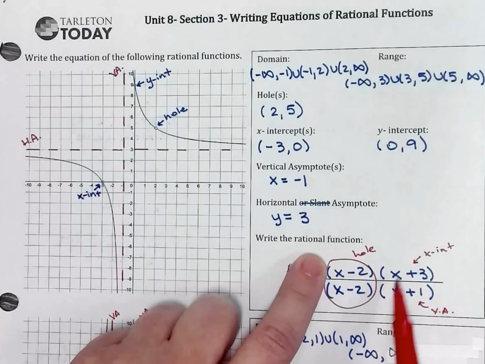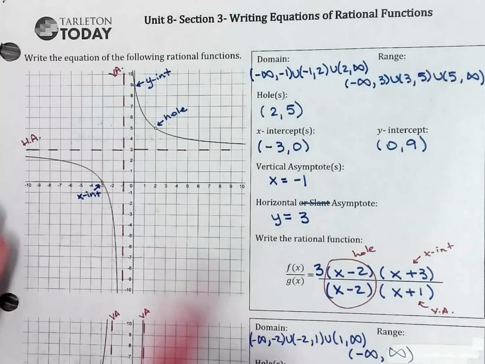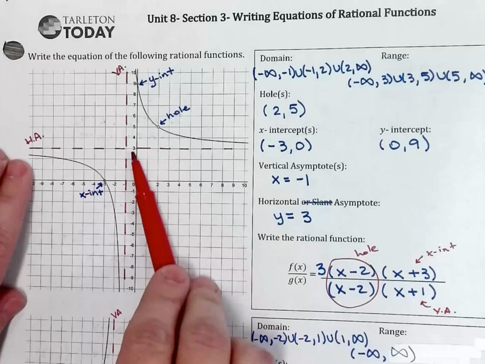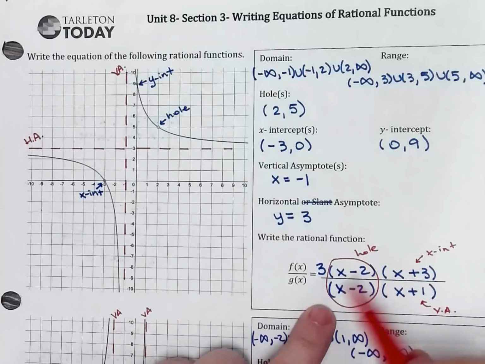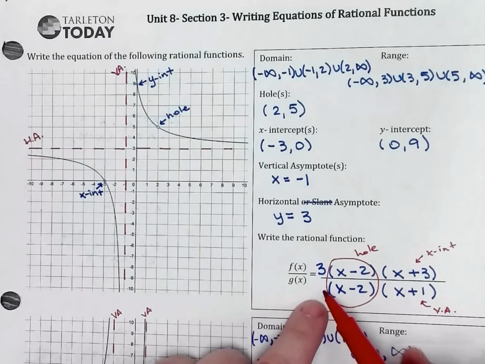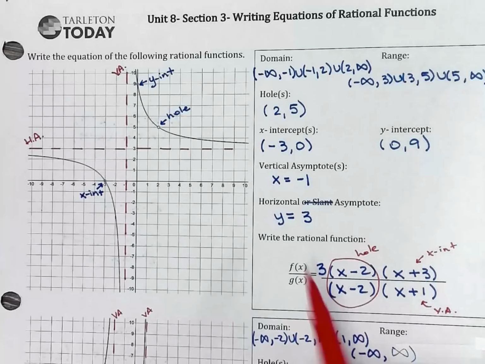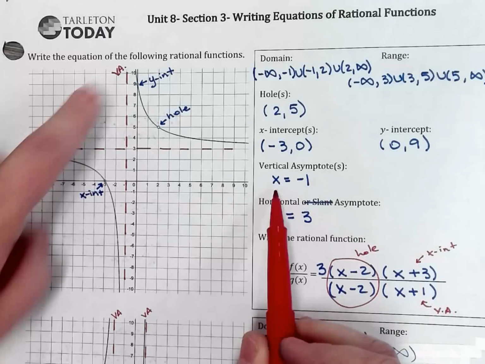When the degrees are the same, I have to divide the leading coefficients. So if my horizontal asymptote is at 3, when I divide them, I need that number to be 3 over 1. The horizontal asymptote is y equals 3.